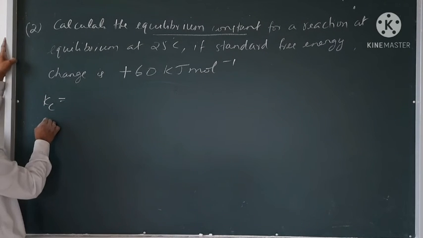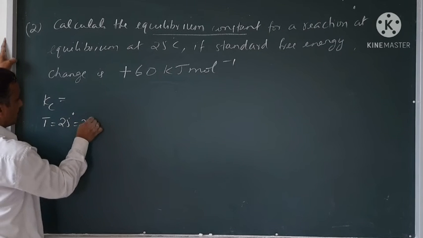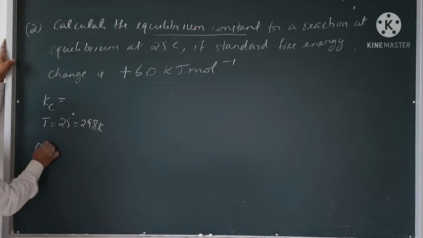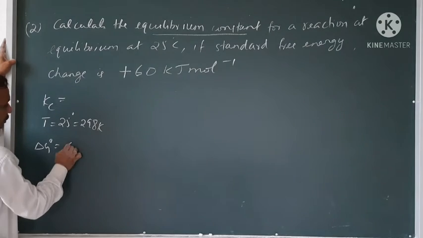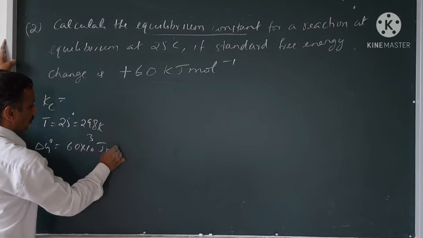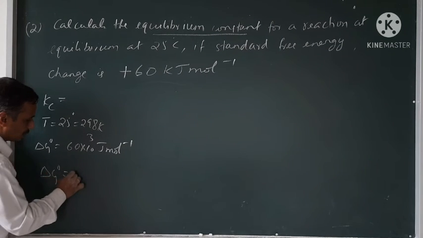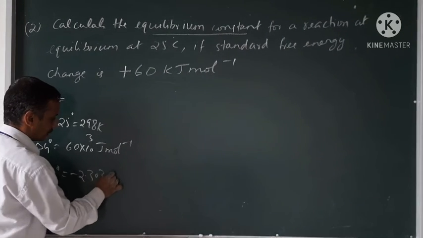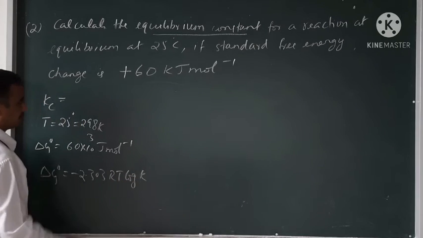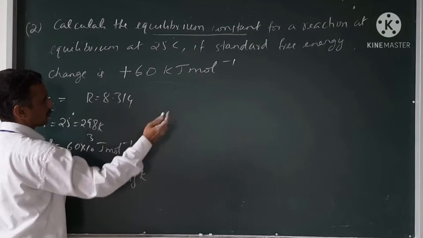At equilibrium, T is 25 degrees Celsius, which is equal to 298 Kelvin, already calculated. Delta G naught is equal to 60 into 10 over 3 joules per mole. Formula is delta G naught is equal to minus 2.303 RT log K, and the R value is 8.314 joules per Kelvin per mole.